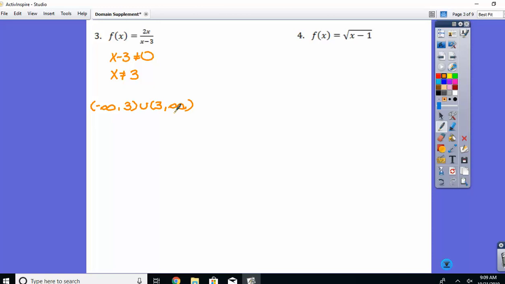Number 4. Does this one have a fraction? No, but I have a square root. So if it's even roots, the thing underneath, so my x minus 1, has to be greater than or equal to 0. So if I solve for x, that means x is greater than or equal to 1. How do we write that in an interval?